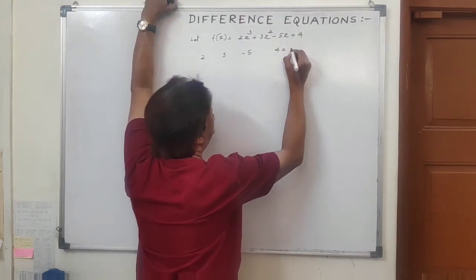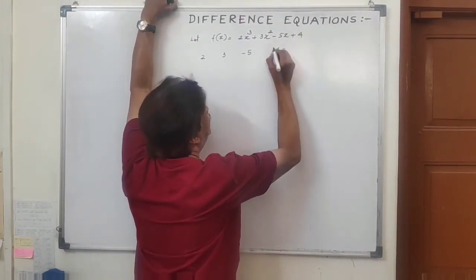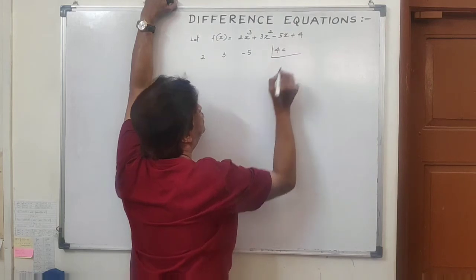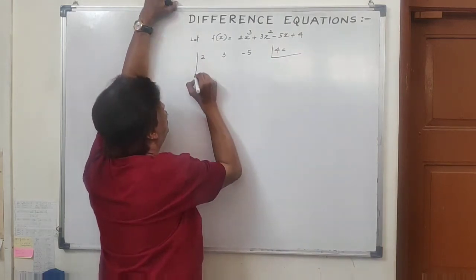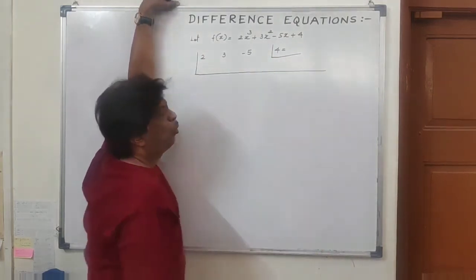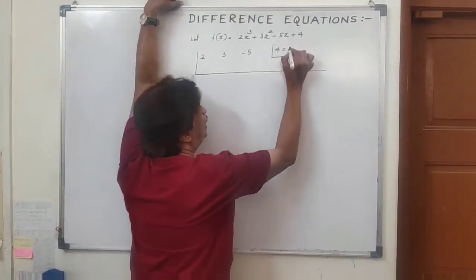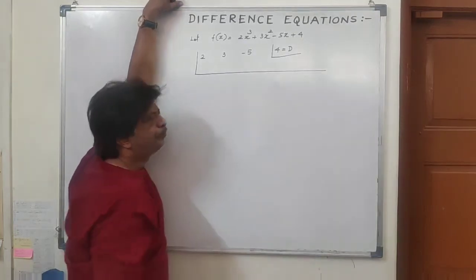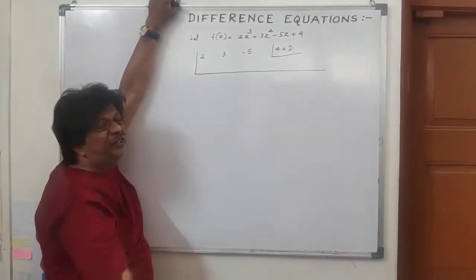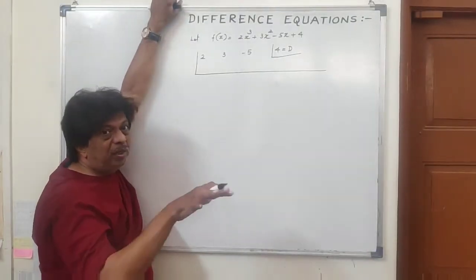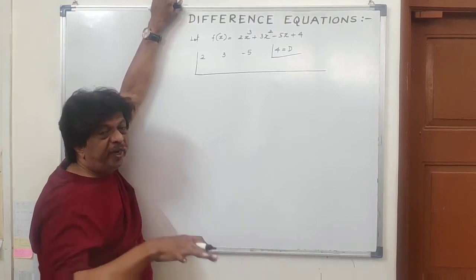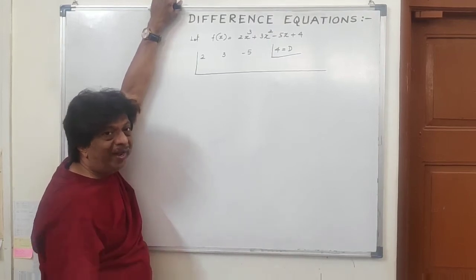We shall not name this now. Let us call this capital D. Now we shall divide these coefficients by 1, 2, 3 successively. Why?